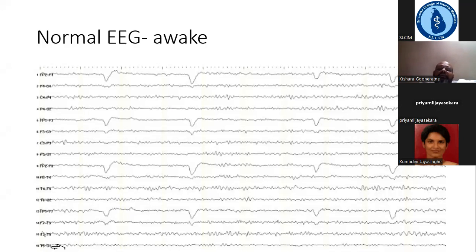The EEG technologists will always use this activation procedure to see whether the background activity or the alpha activity is reactive. Reactive means it's reactive to eye closure. So when there is no light stimulation in the occipital area, there will be increased alpha activity, which is a normal phenomenon in a normal awake EEG.